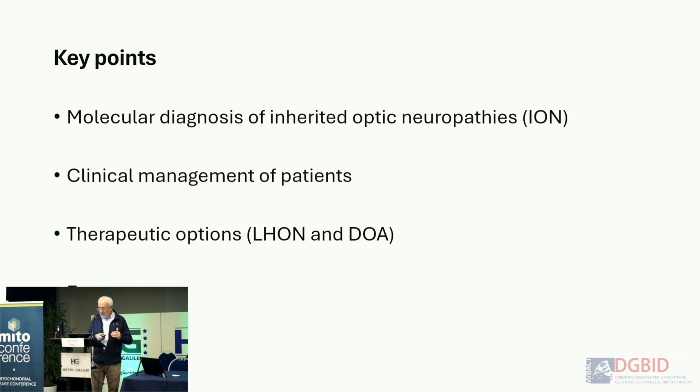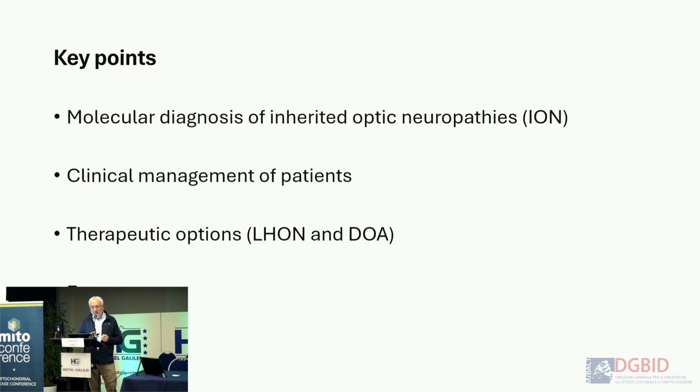And so I thought that in managing a patient with an optic neuropathy, first of all, you have to reach the diagnosis. And nowadays, we have excellent tools to reach the molecular diagnosis quite fast. Then you have to follow the patients, and so the clinical management is important.